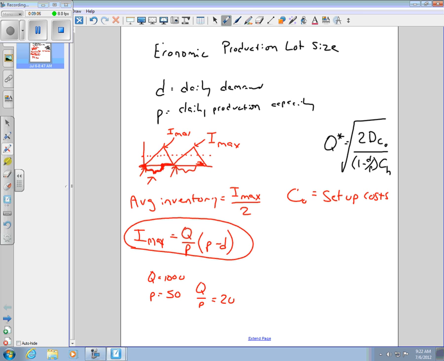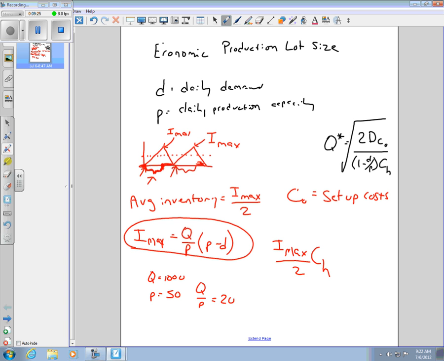Of course, if you take IMAX divided by 2, that gives me my average inventory. If you take IMAX over 2 and multiply it times CH, then I get my annual holding costs.